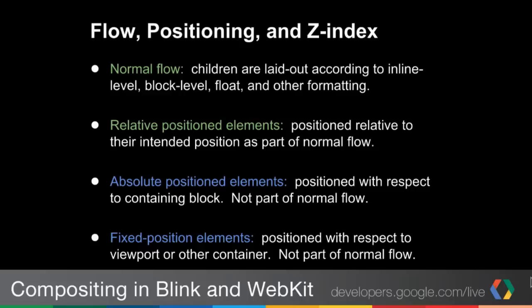So when layout is computed for normal flow elements, absolute position elements and fixed position elements do not affect that part of the layout. This allows you to position your elements with a bit more control. Absolute position elements would be positioned with respect to a containing block. Fixed position elements would typically be positioned with respect to a viewport.